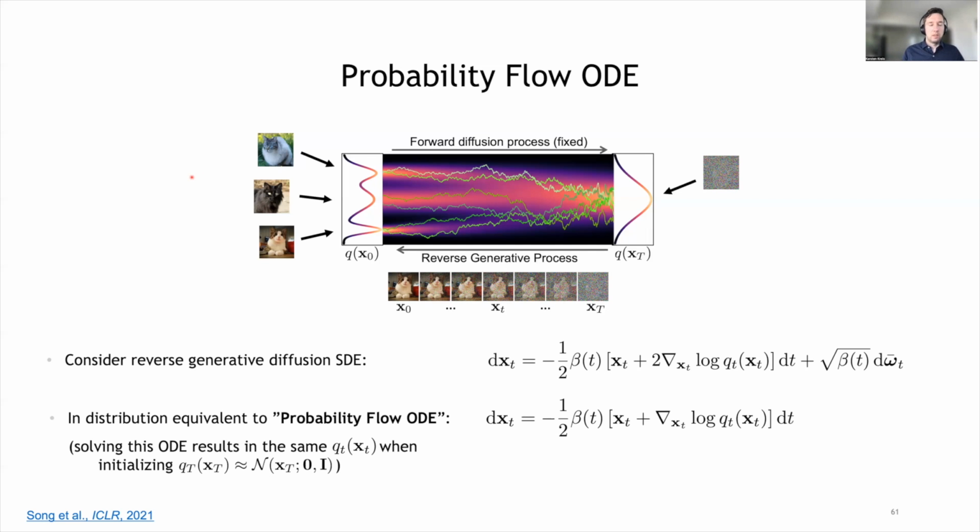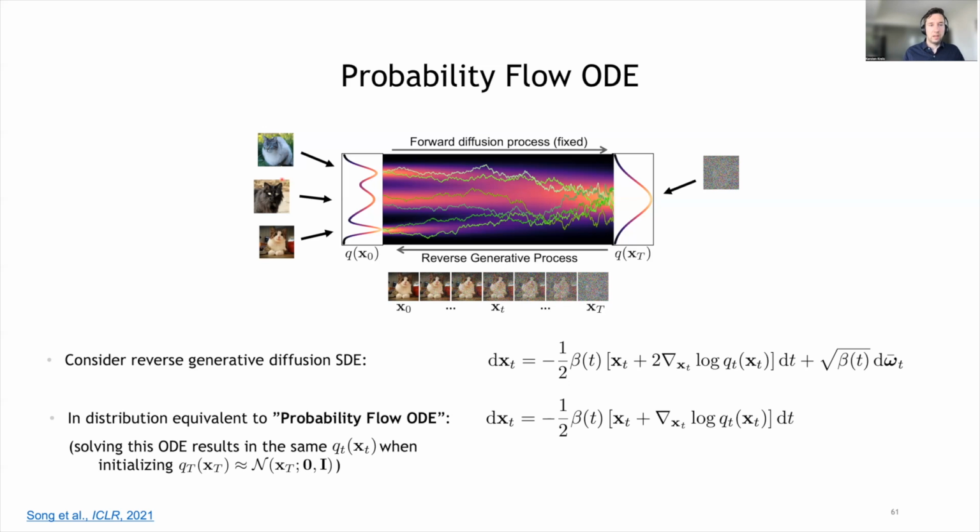It turns out there is an ordinary differential equation called the probability flow ODE that is distribution equivalent to this reverse generative diffusion SDE. It will become clear in a minute what exactly I mean with in distribution equivalent.